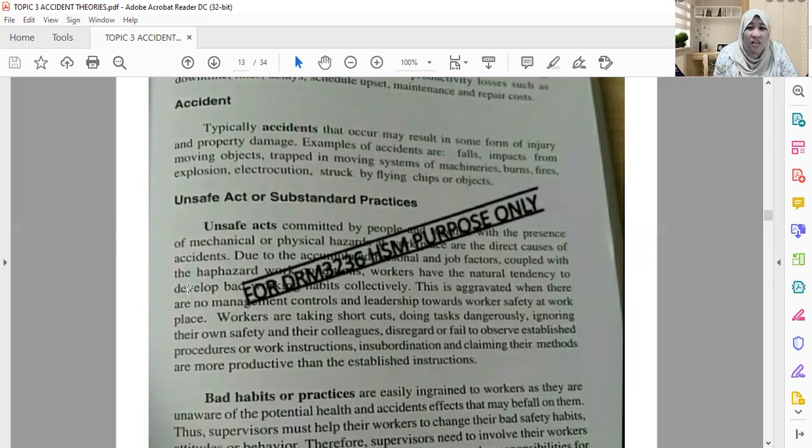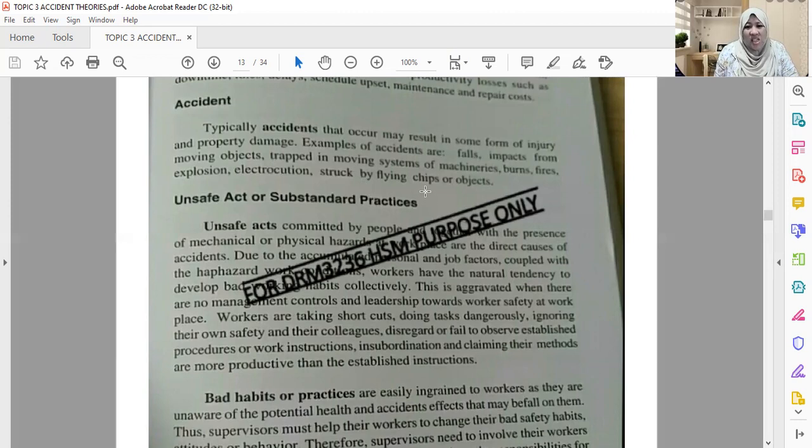Okay, and burns, this is about your assignment. Okay, kebakaran, and then fires, explosion, and then electrocution. We mostly say electric shock, right? And then we have electrocution. Okay, berlakunya macam pendawaian elektrik lah.